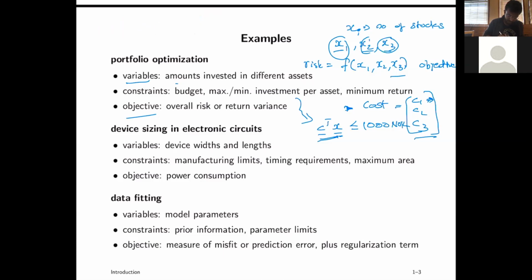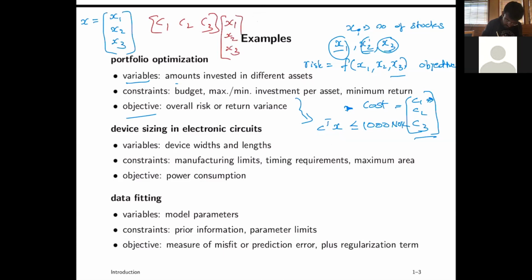You can write it like this, because based on the space I wrote it like that. If you write like this and put a transpose, it's the same, right? I wrote this because then C transpose X will be C1, C2, C3 into X1, X2, X3.